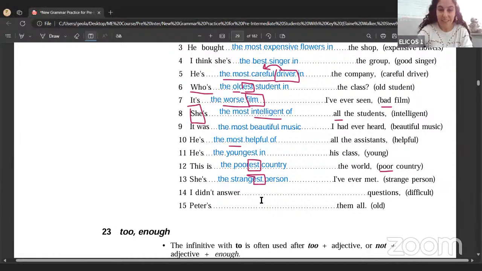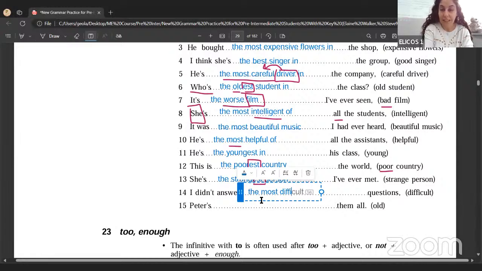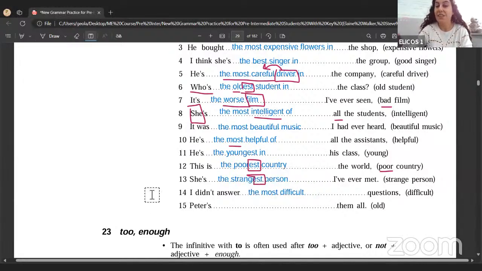14. Did he answer the most difficult questions? I didn't answer the most difficult questions, because we know difficult has three sounds. So you need to add most. 15, the last one.